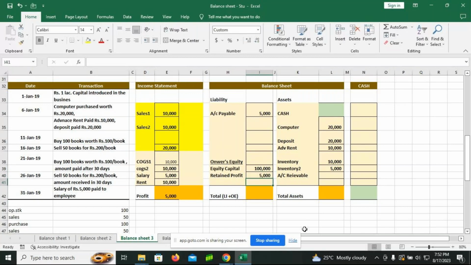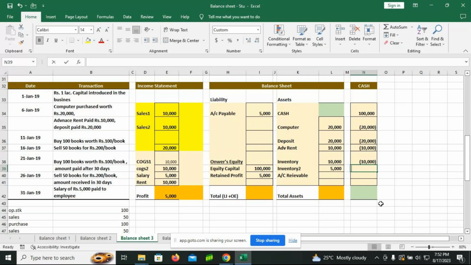So I have just tried with a different method here. So cash equals 1 lakh. A little bit of changes I have made. Minus 20,000. Advance rent equals minus 10,000. Inventory, so this one also 10,000.